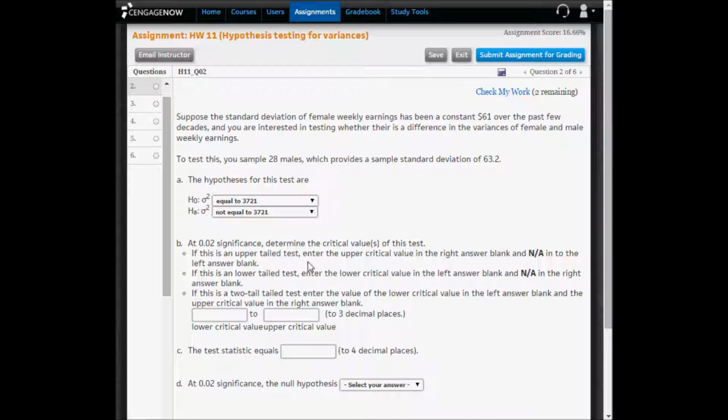Now, with alpha equal to 0.02, we want to determine the critical values of this test. So alpha divided by 2 is the significance. So I'm going to copy that. Also note that this is a two-tailed test. Not equal to is the same thing as less than or greater than. So this is a two-tailed test. We have to divide the alpha by 2.